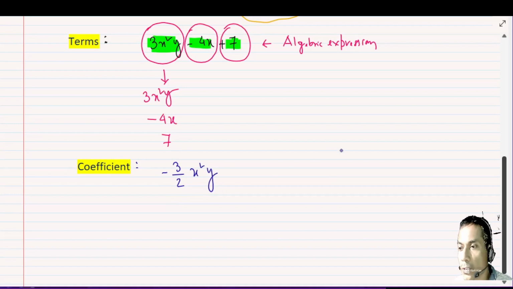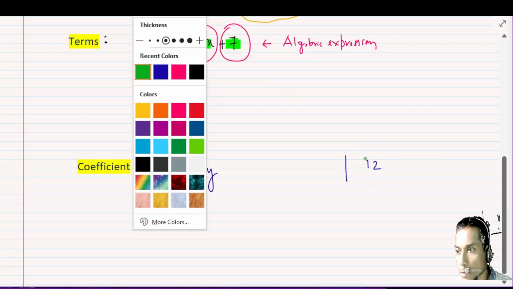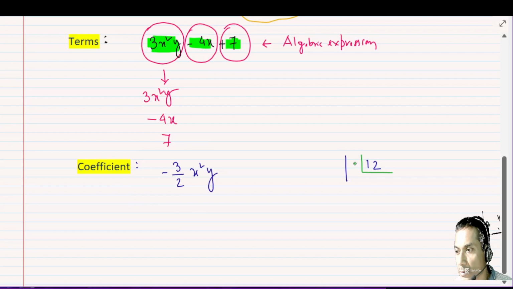We already know that if I ask what are the factors of 12, immediately what you have to do is the factorization. 6 and 3.